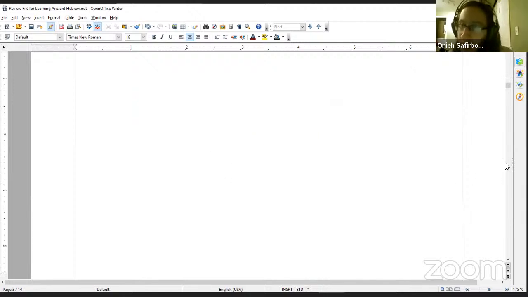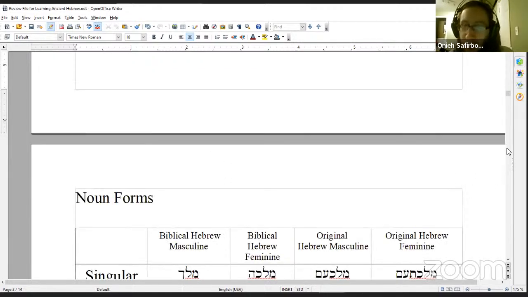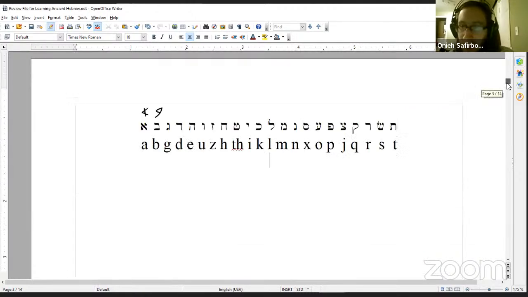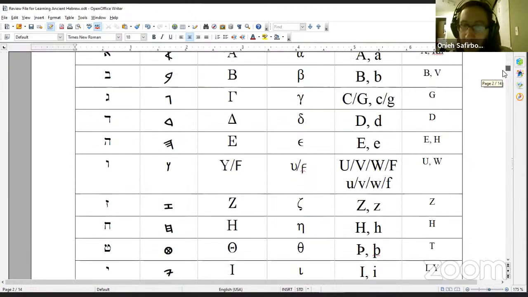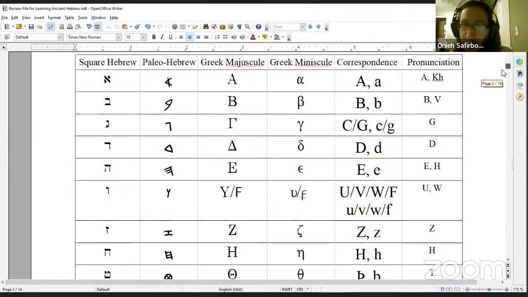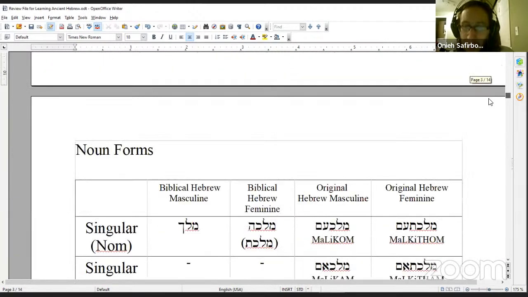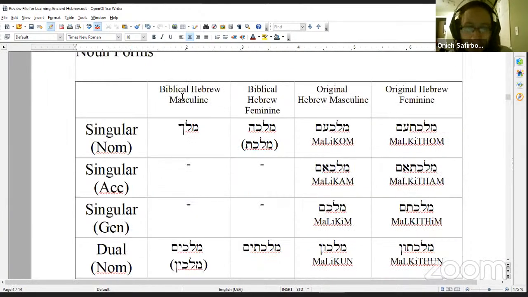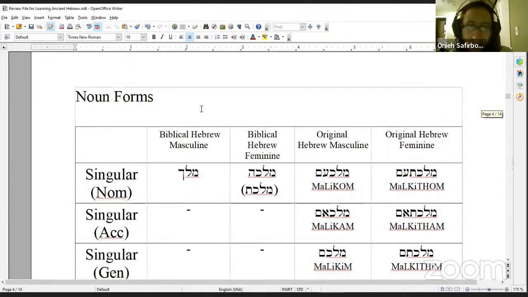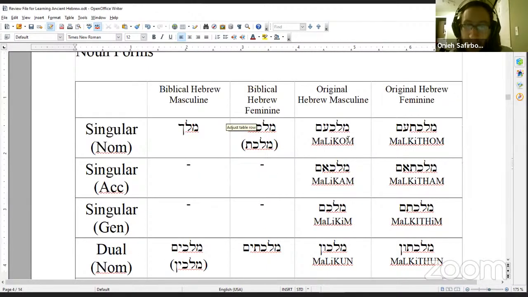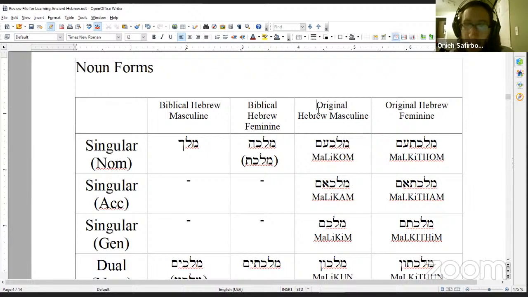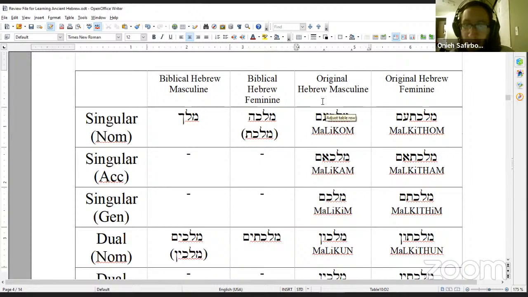Since we've gone through the letters before, we're not going to spend too much time on the letters today. Each week, we're just going to be briefly reviewing the letters, and then we're going to dive into some of the other content. Now, this is what we talked about last time, the noun forms, where I also reconstructed the original case endings based on Akkadian for the nouns.